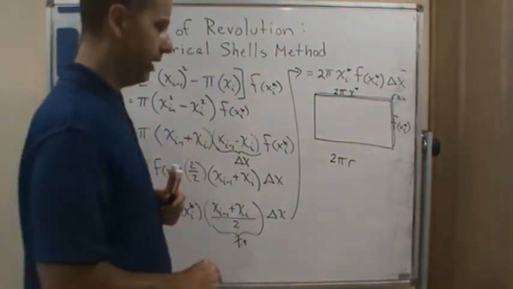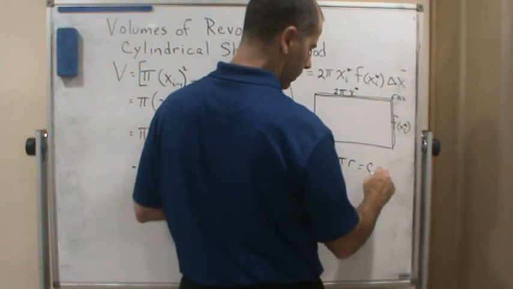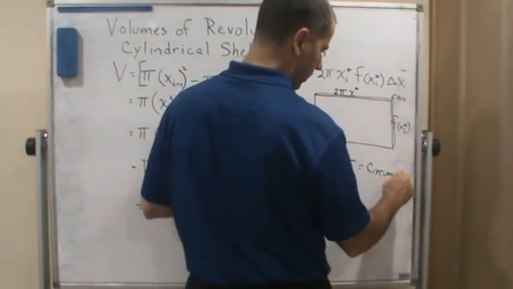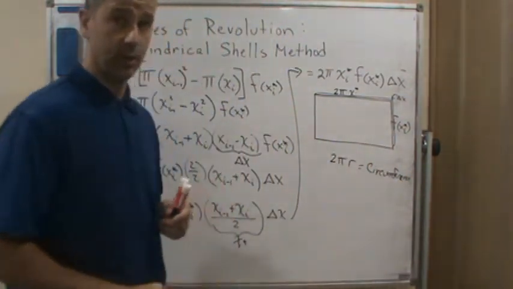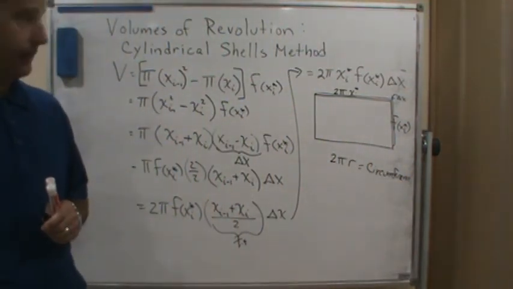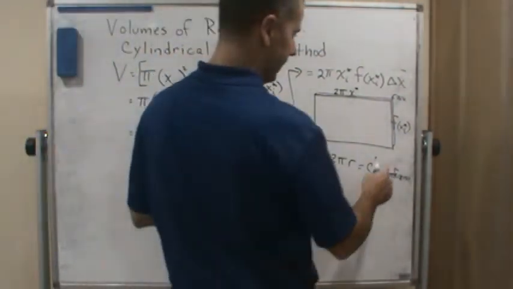What is 2 pi r? That's the formula for the circumference of a circle, times the height.